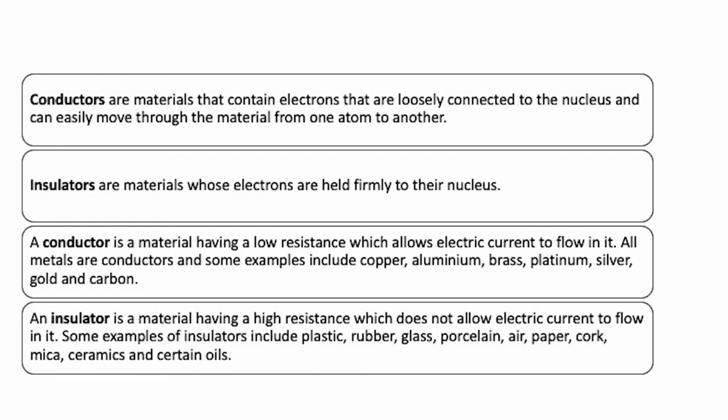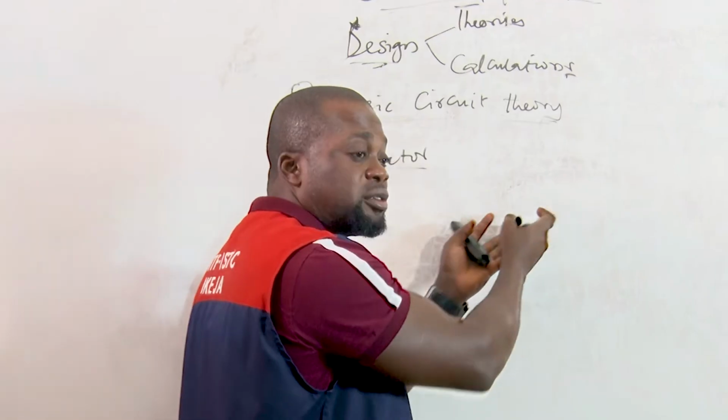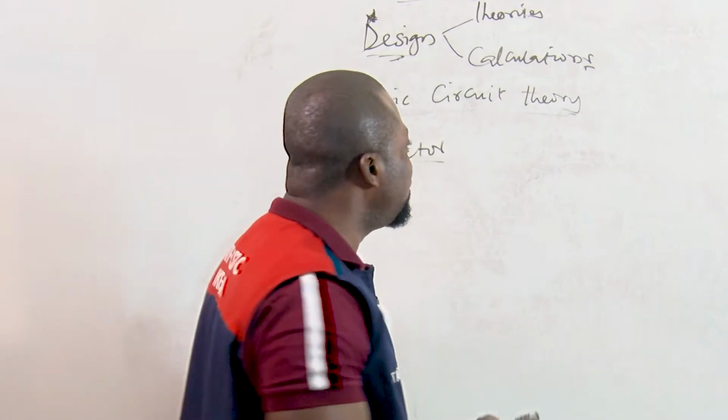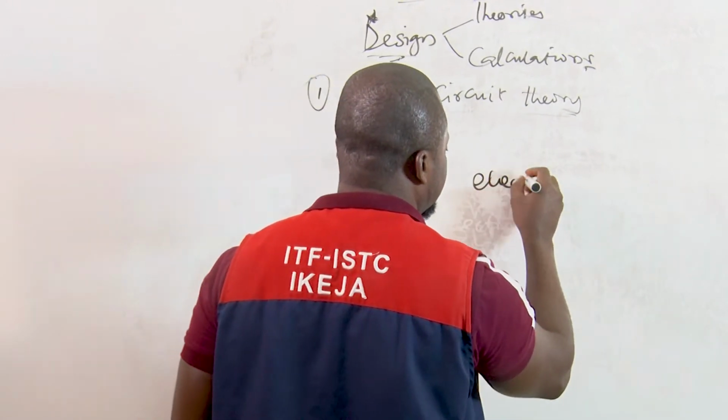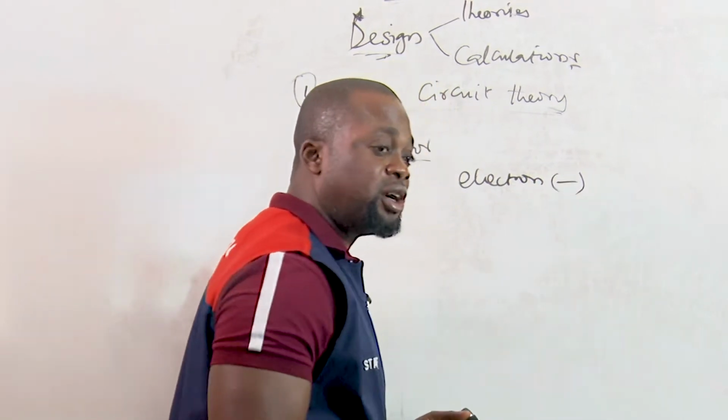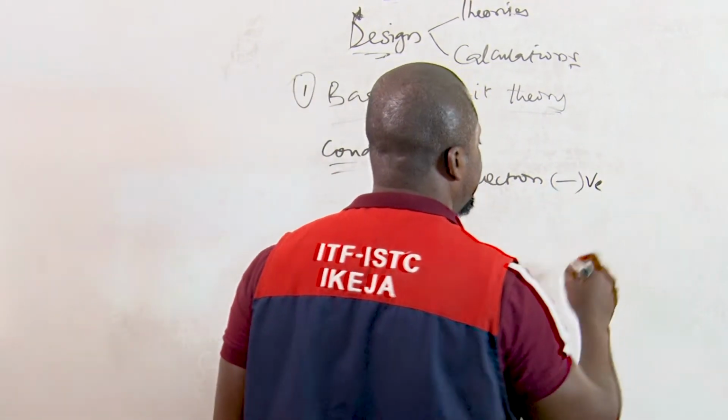electrons. But we don't want to go into the theories behind electrons, protons, and all that. What flows in conductors is electrons. And we know that electrons are negatively charged particles.